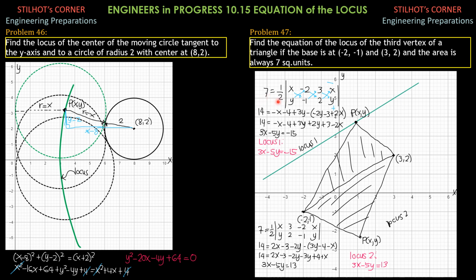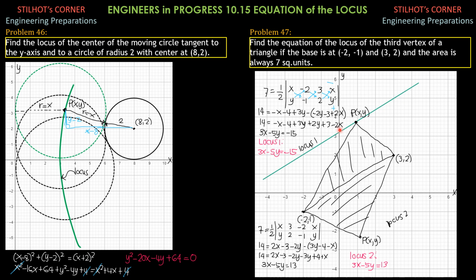So 7 times 2 is 14, and it is equal to negative x, then plus negative 4, then plus 3y, then minus quantity, negative 2y, negative 3, and positive 2x. Expanding and simplifying, 14 equals negative x minus 4 plus 3y plus 2y, minus of negative 3 is plus 3, and minus of 2x is negative 2x.